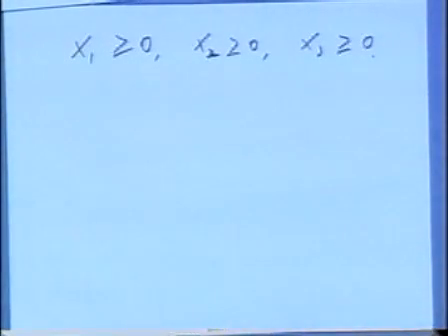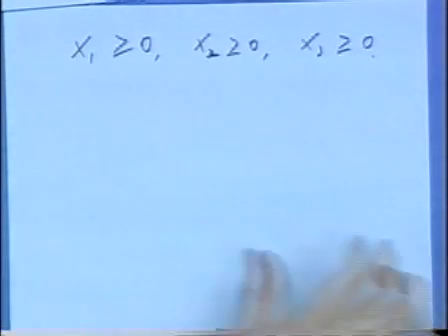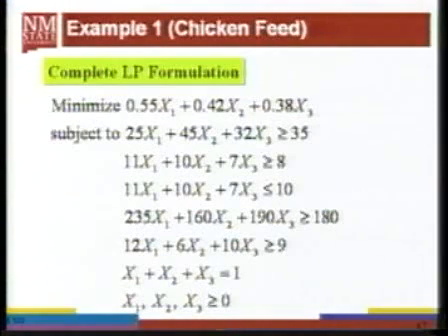If you combine all of this, including the objective function and constraint sets, including the sign restriction, then the complete LP for this chicken feed problem looks like this.